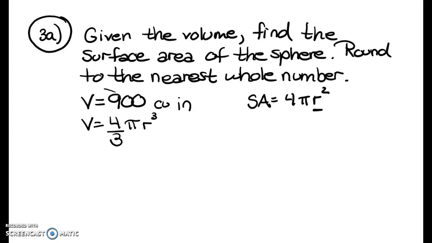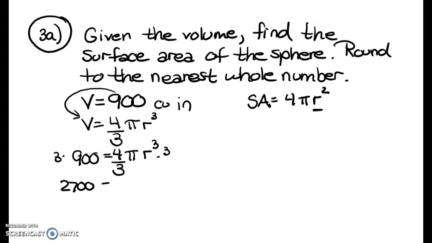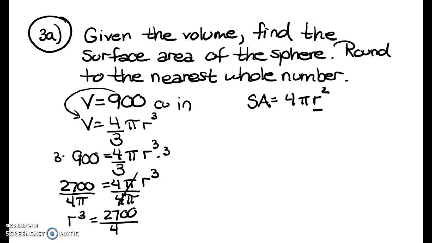I know that my V is 900, so I'm going to solve for my radius in this formula. So I'm going to multiply both sides by 3 to get 2,700 equals 4 pi r cubed. And then I'm going to divide both sides by 4 pi. Okay, so r cubed equals 2,700 over 4 pi.